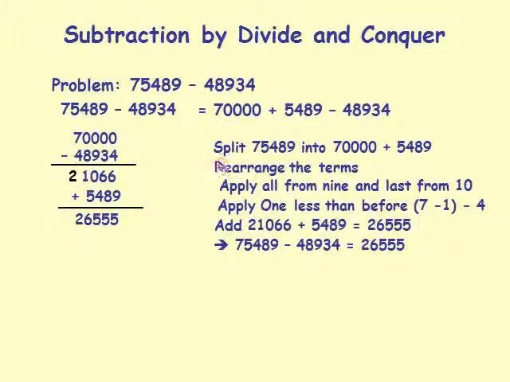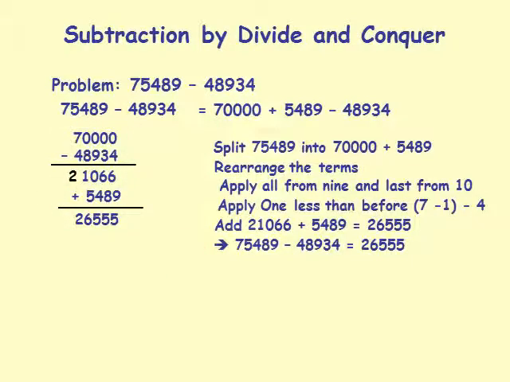So we're splitting one subtraction problem into two, one subtraction followed by an addition. So the original 75489 minus 48934 is 26555. What we did is divide and conquer. We divided the problem in two, and that made it simpler, and now we can do the subtraction.